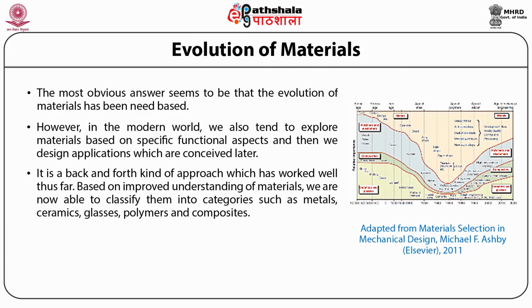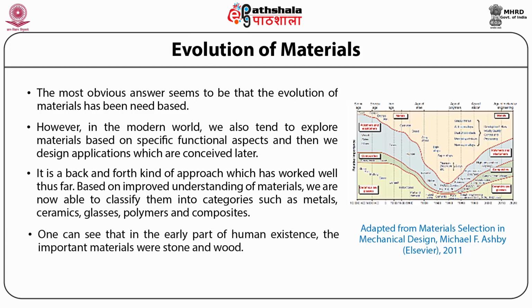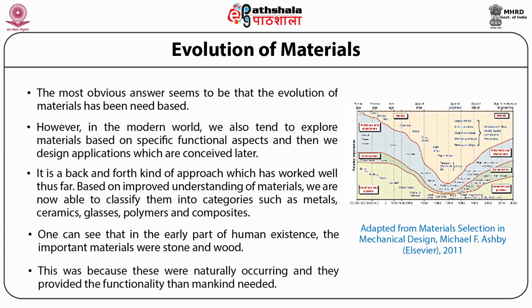In this figure, one can see that in the early part of human existence, the important materials were stone and wood. This was because these were naturally occurring and they provided the functionality that mankind needed at that time.